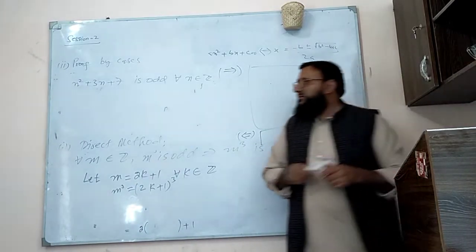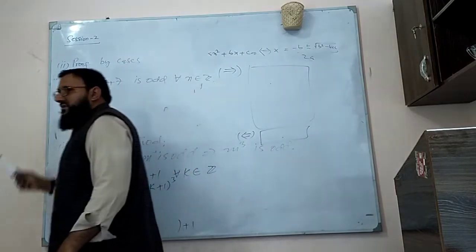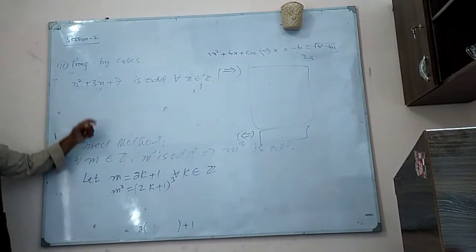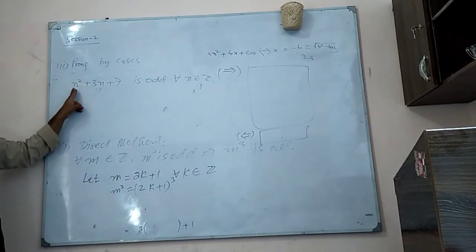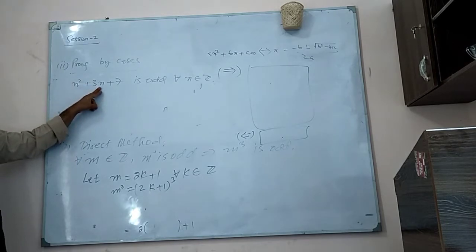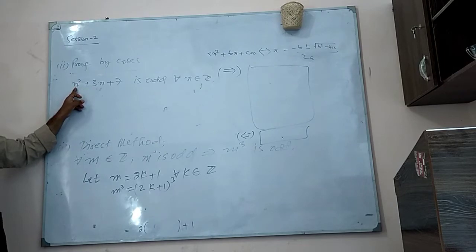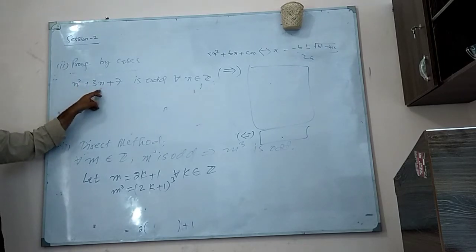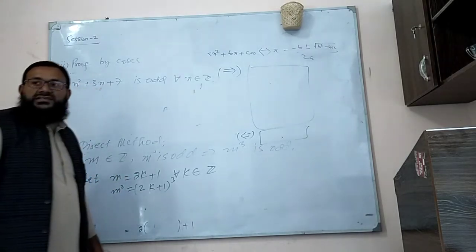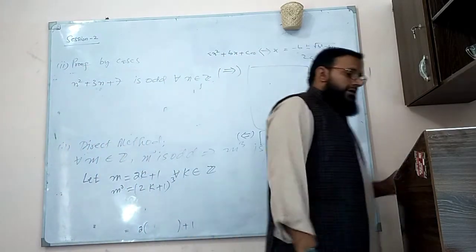Put 0, you get 7. Put 1, 1 plus 3 plus 7 is 11. Put 2, 4 plus 6 plus 7 is 17. Put minus 1, 1 minus 3 plus 7 is 5. So you put any integer, the result is going to be an odd number.